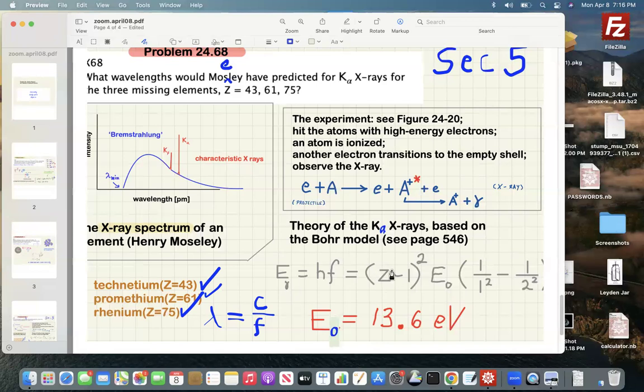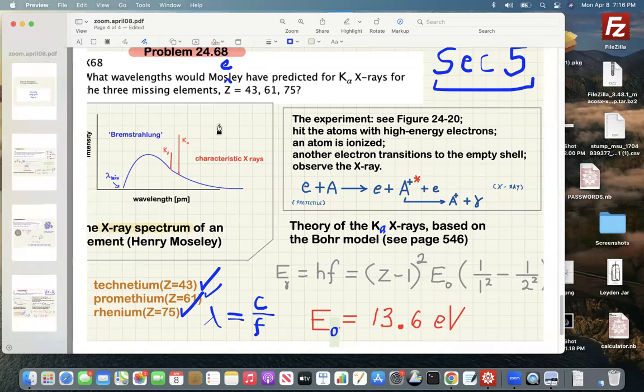And he'd say, look, our periodic table is missing certain Z values. Z equals 43, that came to be known as technetium. Z equals 61, that came to be known as promethium. And Z equals 75, that came to be known as rhenium. So, this is a little more advanced problem. So you have to read section 5 kind of carefully, but this sort of shows how to go through the calculation.